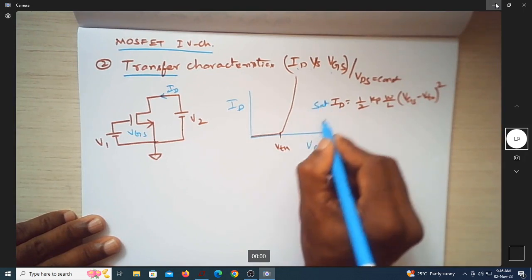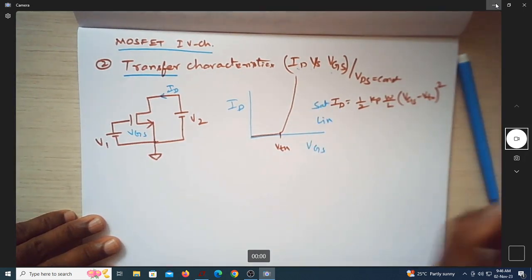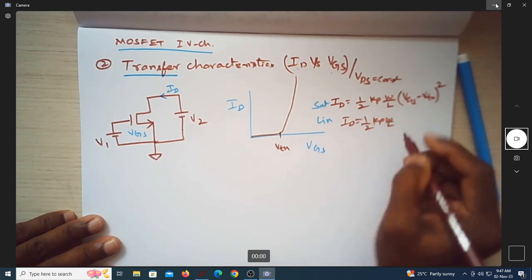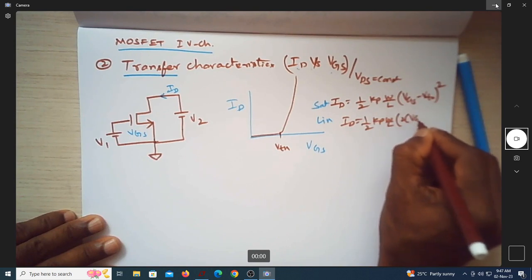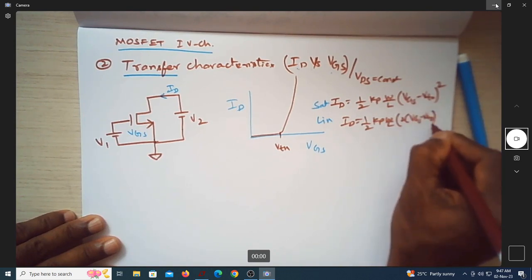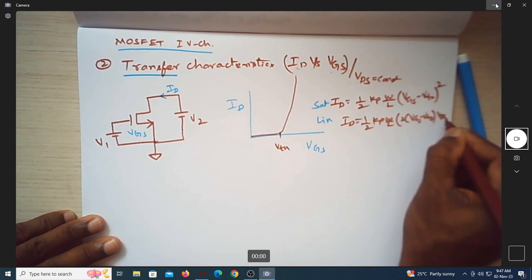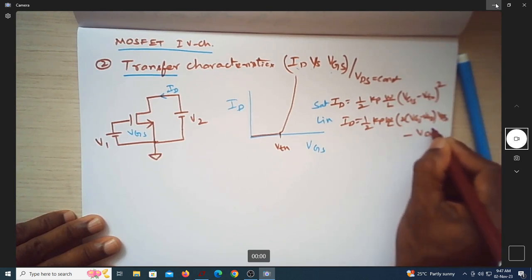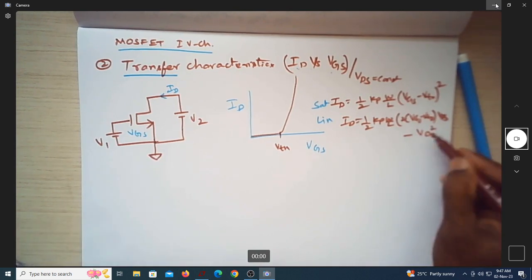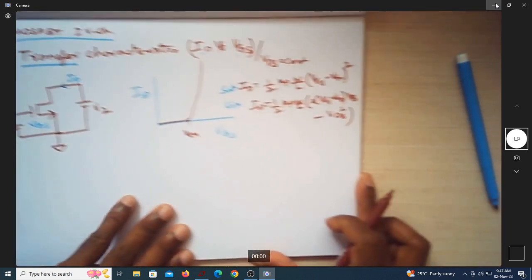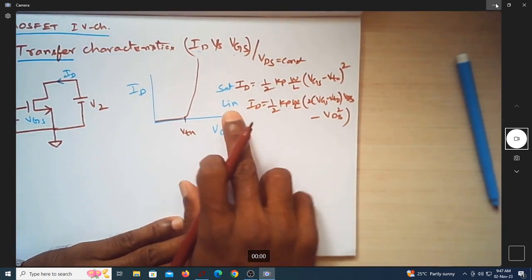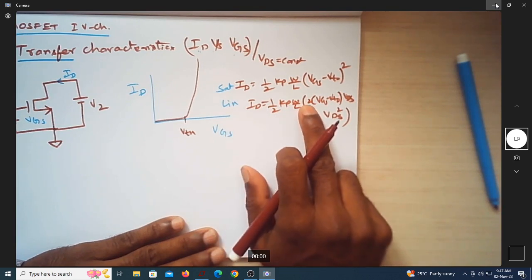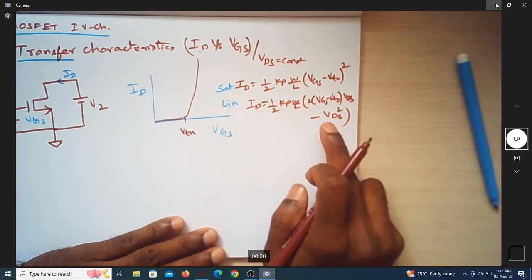If it is in the linear region, ID is given by half Kp W by L times 2 times VGS minus VTO or VTH into VDS minus VDS square.